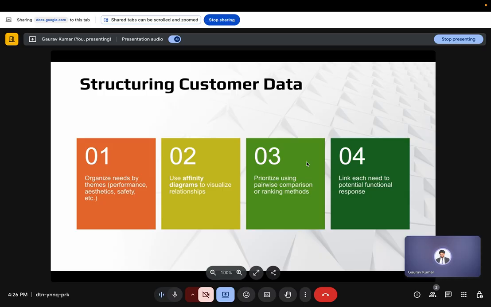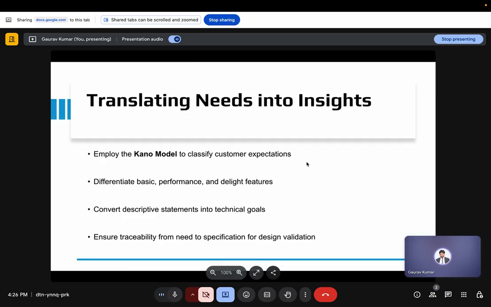Now we are moving towards the next one, translating needs into insights. We classify the features using the Kano model: basic, must-be; performance, linear satisfaction; excitement, delighters. So this informs resource allocation and differentiation. Descriptive needs convert to technical goals with units, tolerances and test methods.